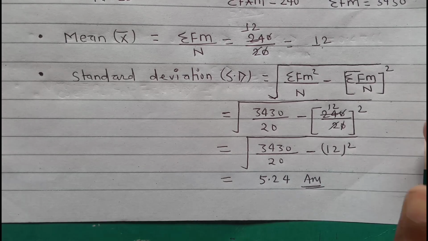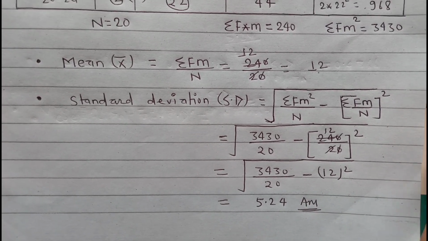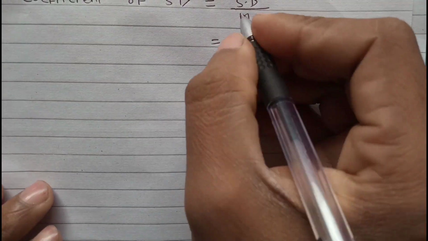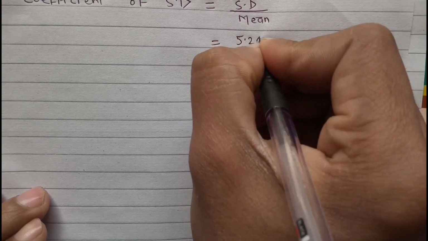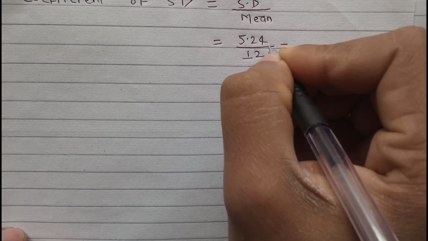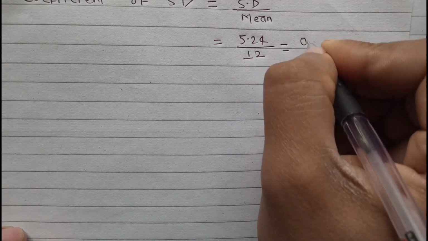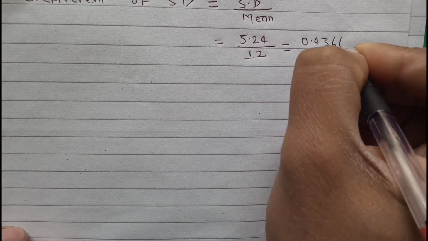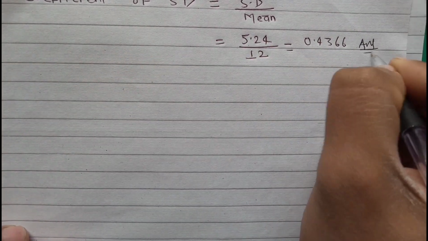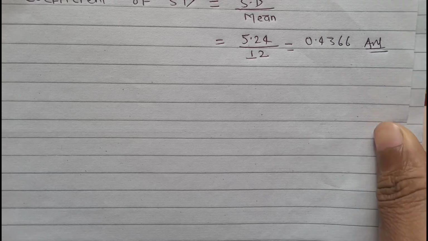We already calculated it here: 5.24, and mean is 12. So we write 5.24 divided by 12. Dividing this we get 0.4366. The coefficient of standard deviation is 0.436. This one is the answer.